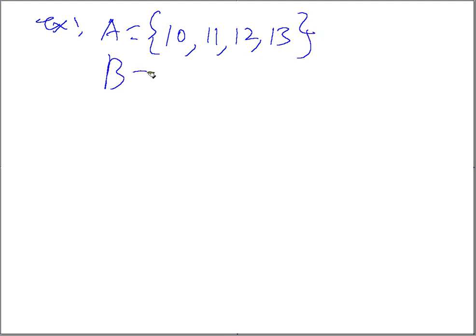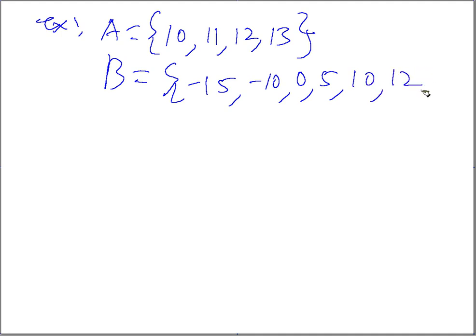Let's make set B consist of the following numbers: negative 15, negative 10, 0, 5, 10, and 12. And let's throw one more in, 15. So set A consists of these four numbers. Set B consists of these numbers inside. Let's go ahead and calculate the union and the intersection of these two sets.